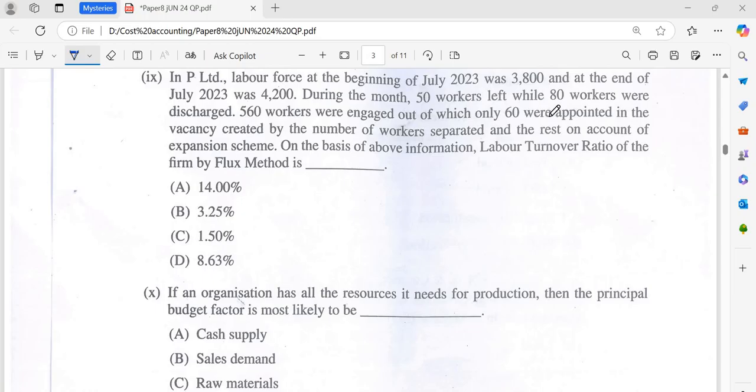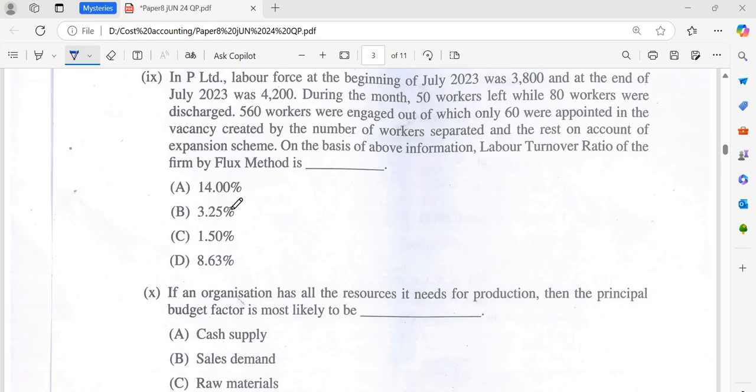During the month, 50 workers left while 80 workers were discharged. 560 workers were engaged, out of which only 60 were appointed in the vacancy created by the number of workers separated and the rest on account of expansion scheme. On the basis of above information, labor turnover ratio of the firm by flux method is.